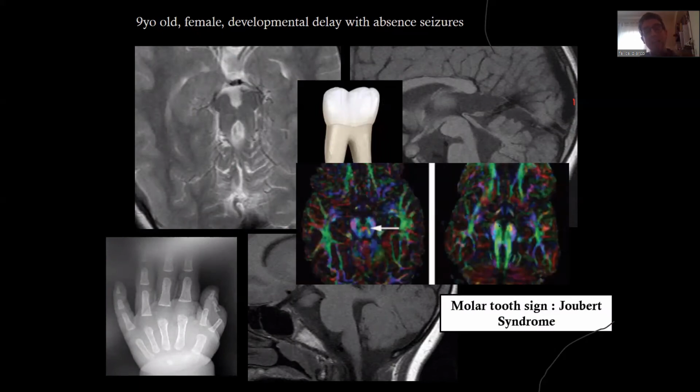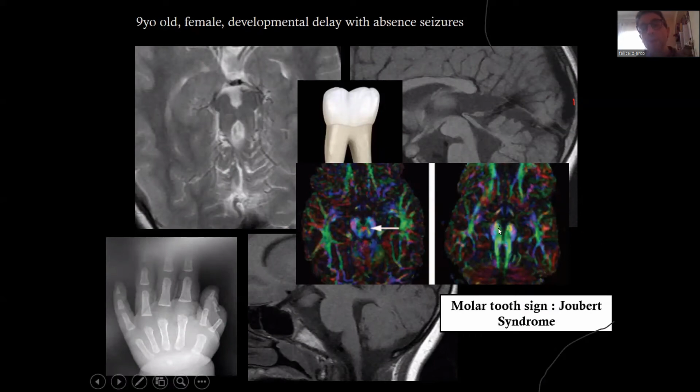Again, in malformation, I think more than pre-surgical planning, the DTI with color mapping is very, very important because in this case, you see this is a normal child with the normal decussation in red, this red dot here, meaning that the superior cerebellar peduncles are decussating at the level of the midbrain.